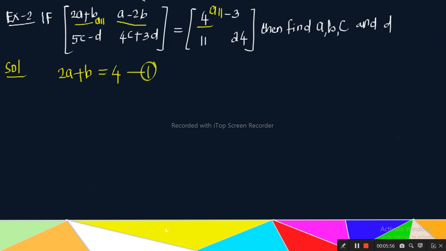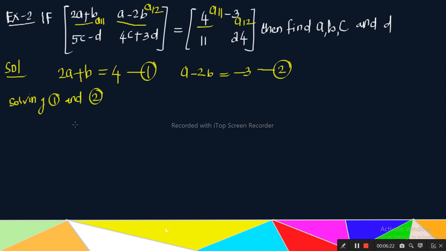And here in place of a12, a minus 2b is there, which is equal to minus 3. Let this be equation number 2. I am solving equations 1 and 2.